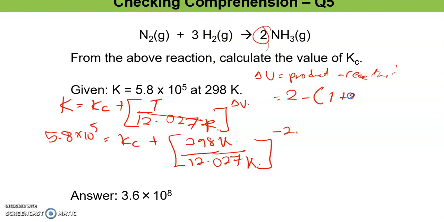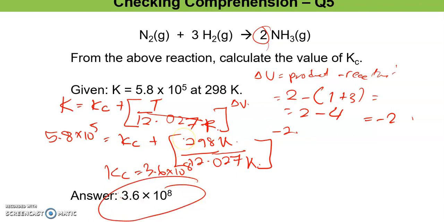So we have 2 minus 4, that's why we have negative 2. You calculate this first and move it to the left hand side. So our Kc value will be 3.6 times 10 to the power of 8. I hope you can get this answer.